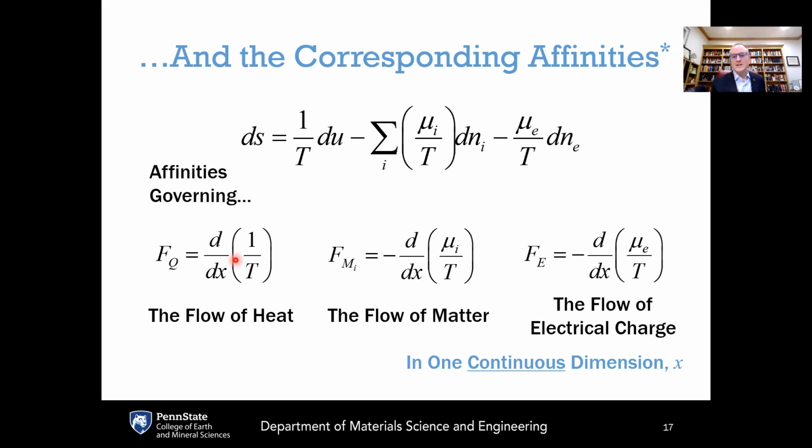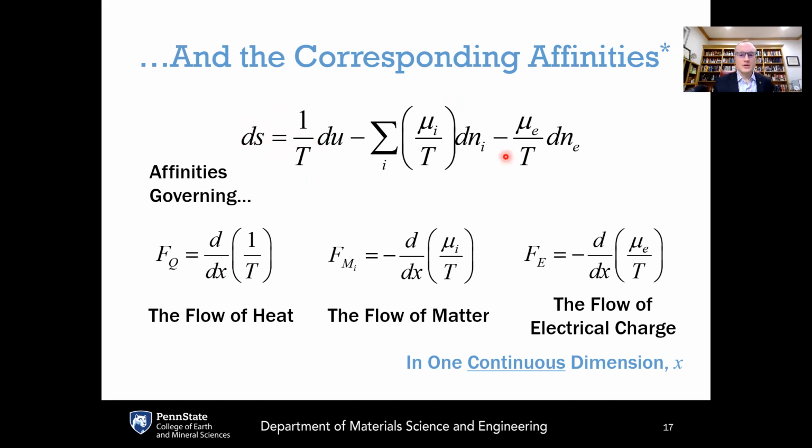Now, the affinities that correspond to these three cases, governing the flow of heat, the flow of matter, and the flow of electrical charge, we need to go back to one of our fundamental equations from thermodynamics expressed in differential form. Specifically, how is the local entropy density changing?